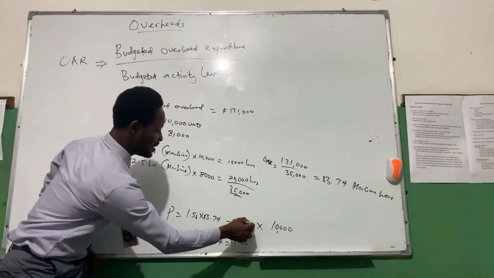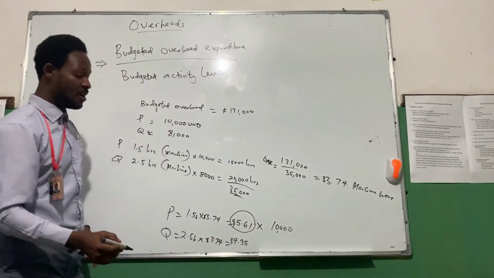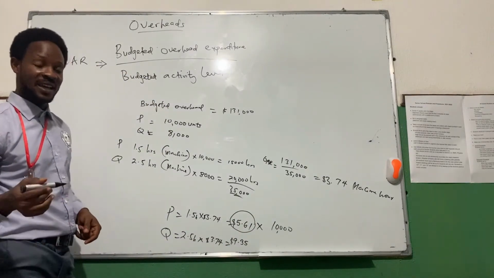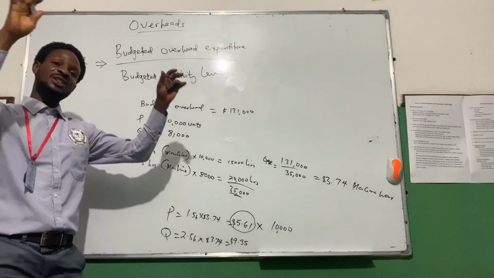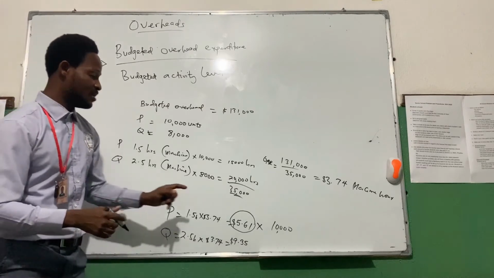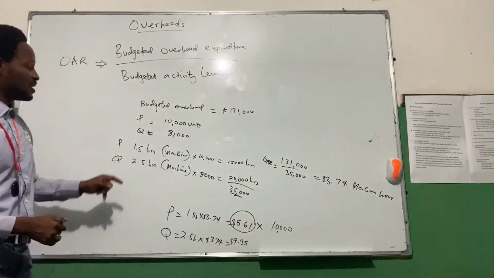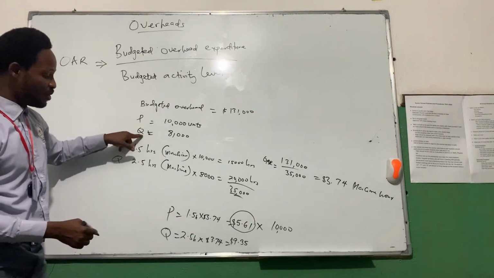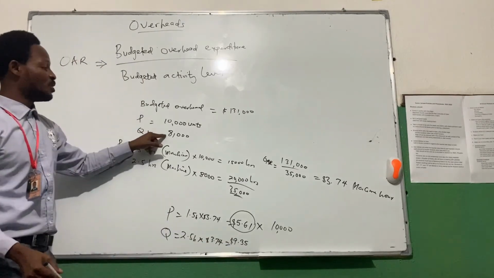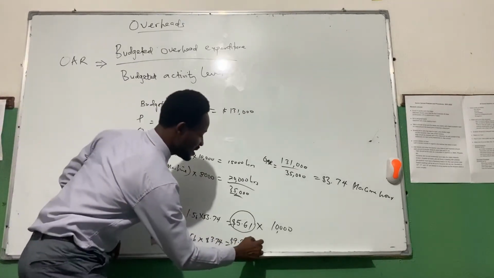Because this is the answer for each unit of product P. So if you want to get the total amount of overheads incurred, multiply by 10,000. For product Q, to produce 1 unit is 9.35. So to produce 8,000 units.